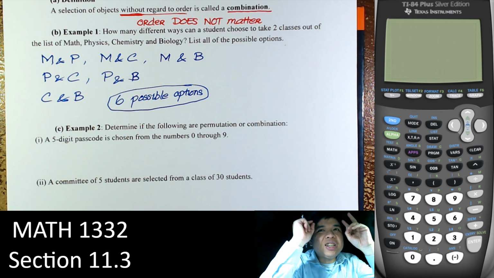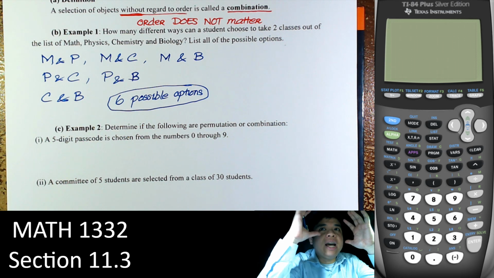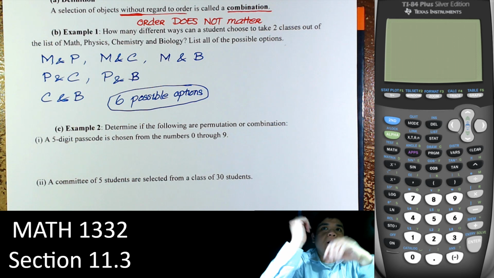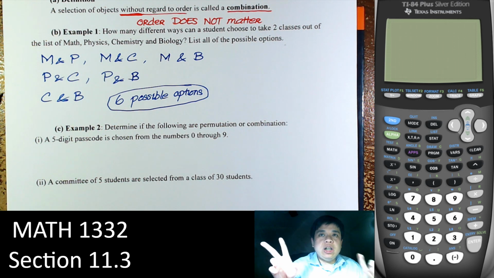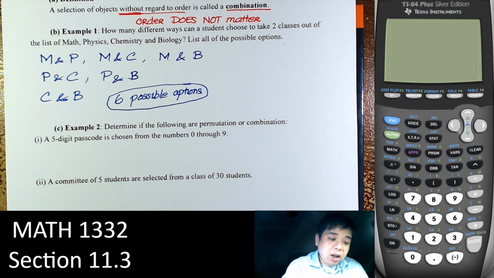But it's just like the permutation in a way that there are a few things we can choose, and then we put them in certain positions. But the main difference between the permutation and combination is that in combination order does not matter. In permutation, order does matter.